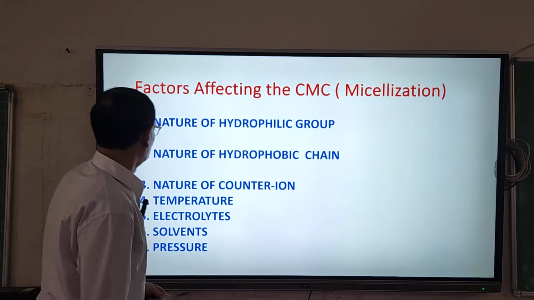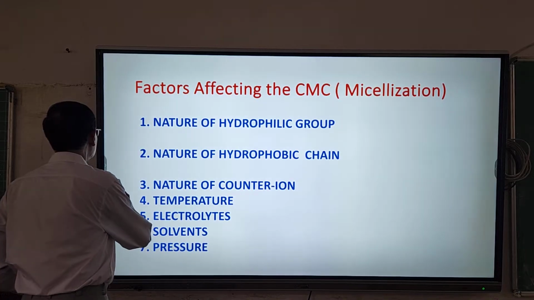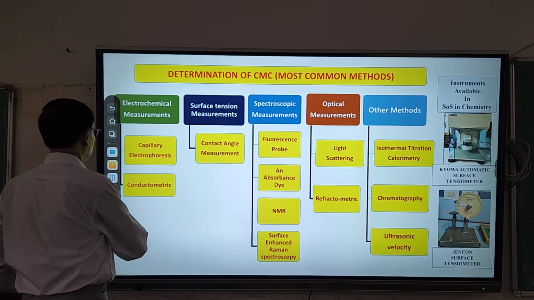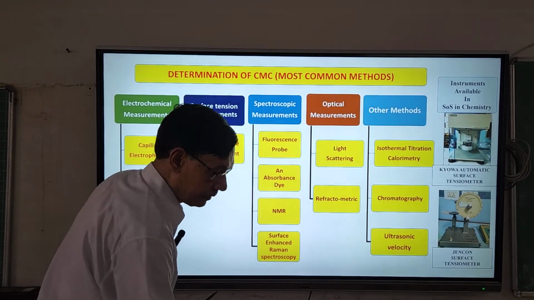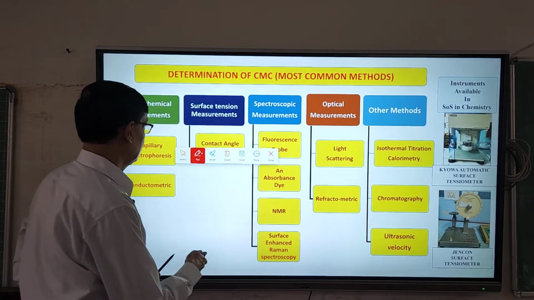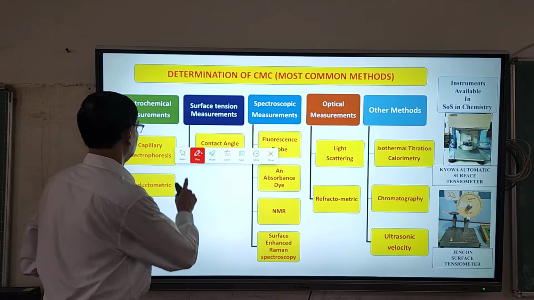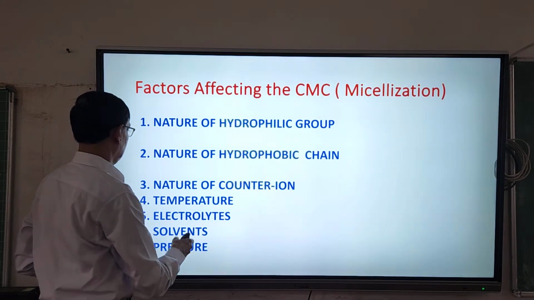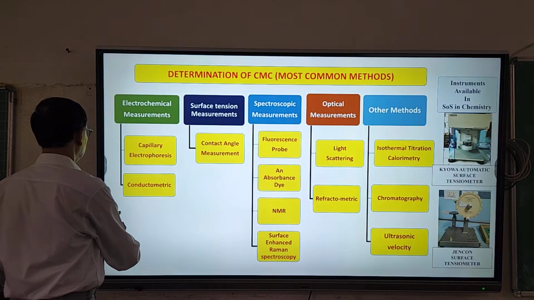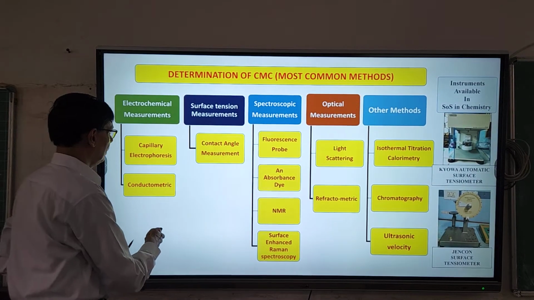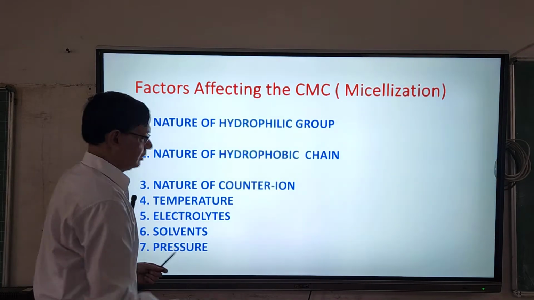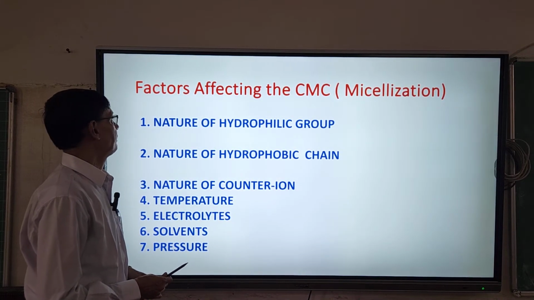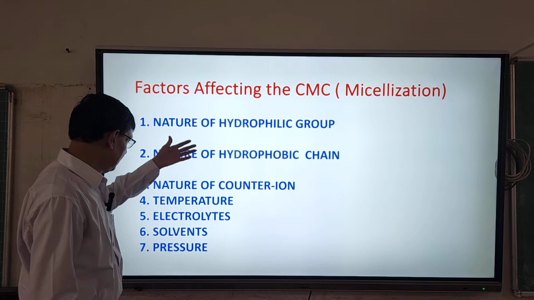Now, as you know, factors affect the CMC.